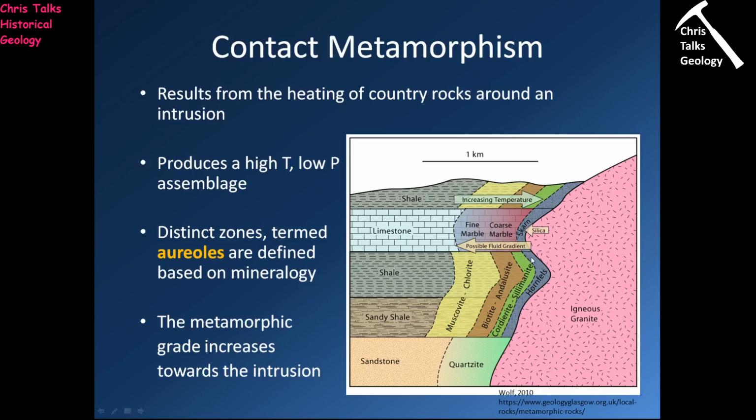So obviously the rock which is right next to the granite is going to be exposed to the highest temperatures, so we're going to see higher temperature metamorphic minerals. As you move away from it, we're going to see a decrease in temperature, and so we're going to get lower and lower grade metamorphic minerals.